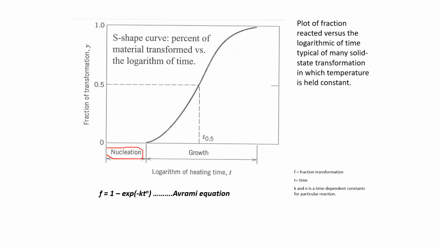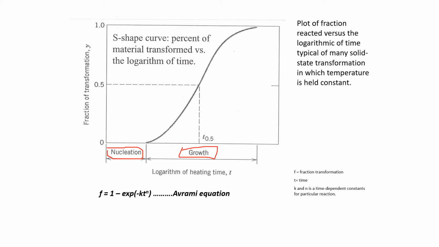One is the nucleation, the other is the growth. In this plot, the range of the nucleation and growth is given. Nucleation involves the appearance of very small particles or nuclei of the new phase, often consisting of only a few hundred atoms, which are capable of growing.